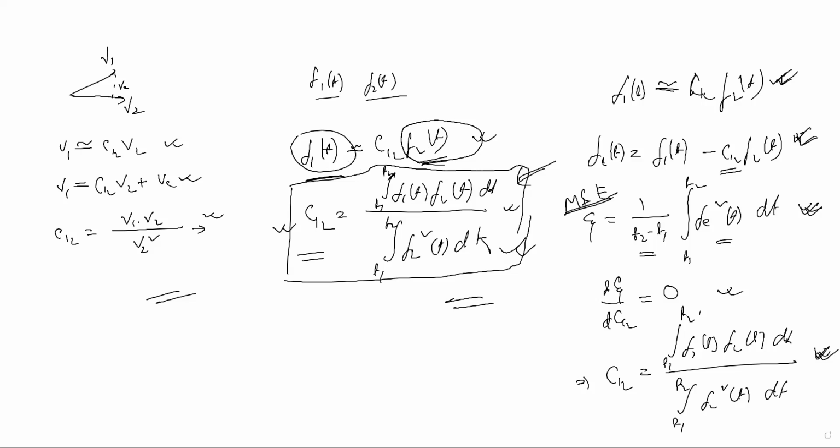But if there are multiple signals, multiple functions, then what will the equations be? Here we are represented by only one function. If there are multiple functions, then how will the derivation be? I am now going to derive that.